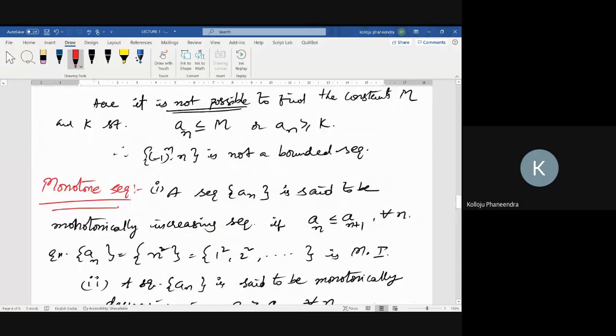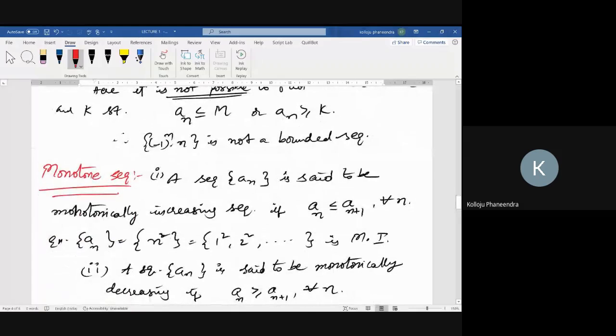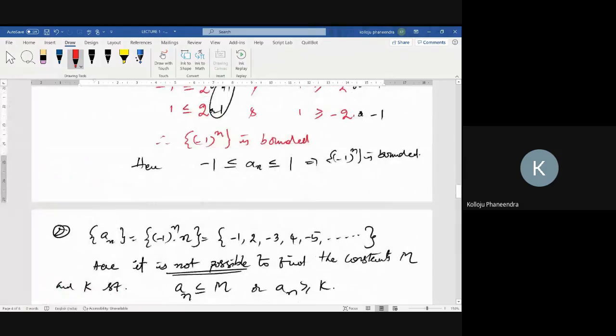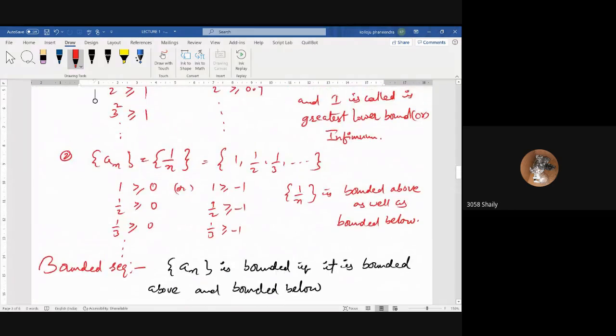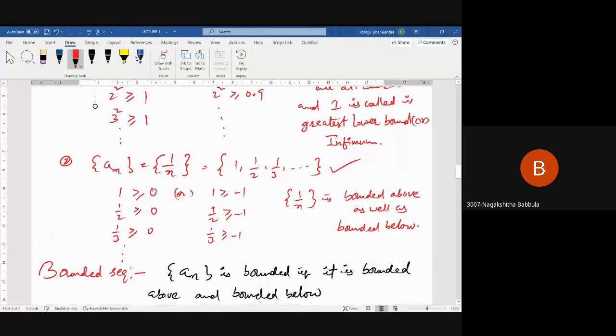Now, can you tell, is a bounded sequence monotone? No, sir. See the sequence, it is decreasing. What is this? Bounded below. It is a monotonically decreasing sequence, right?